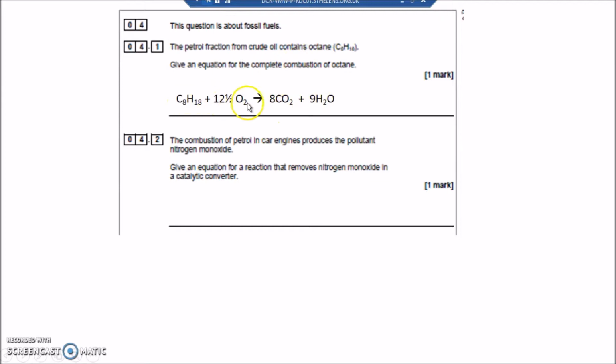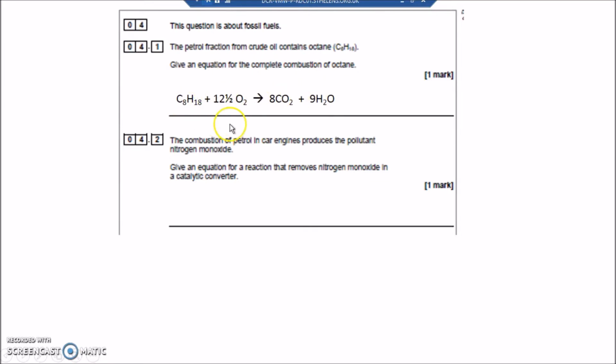Now what I would always do is I would look to balance the carbon, say for example. So carbon appears in only one of the two products, hydrogen only appears in one of the two products, but oxygen appears in both the products. So don't balance the oxygens first, do the carbons and the hydrogens that only appear in one product, and then do the oxygens last.